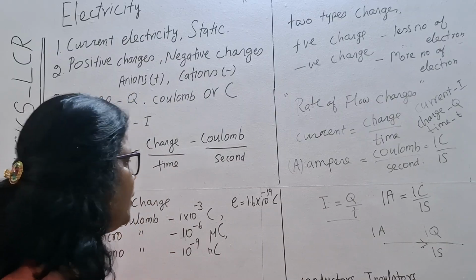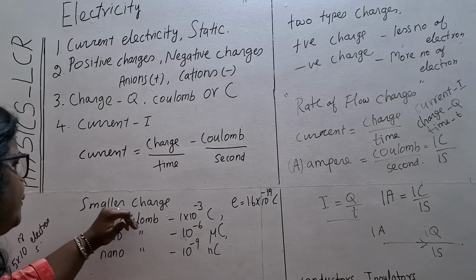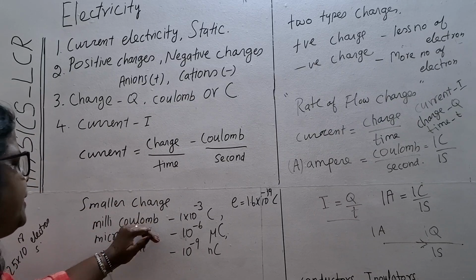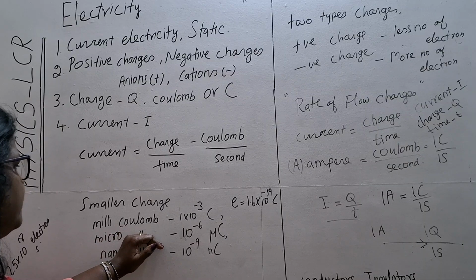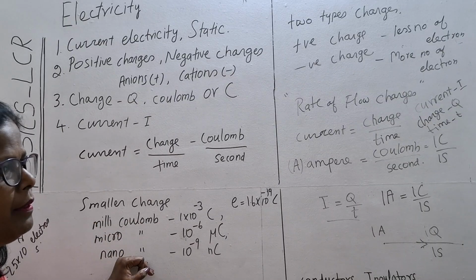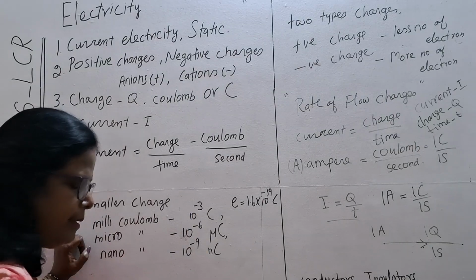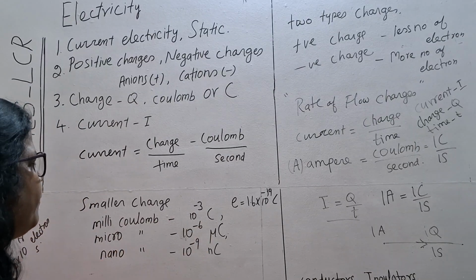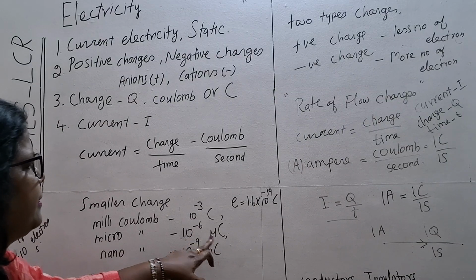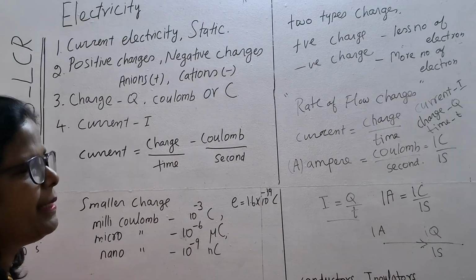Other units: charges also you see smaller charges, millicoulomb, microcoulomb, nanocoulomb. Millicoulomb means 10 power minus 3 coulomb. Microcoulomb means 10 power minus 6. Nanocoulomb is 10 power minus 9.